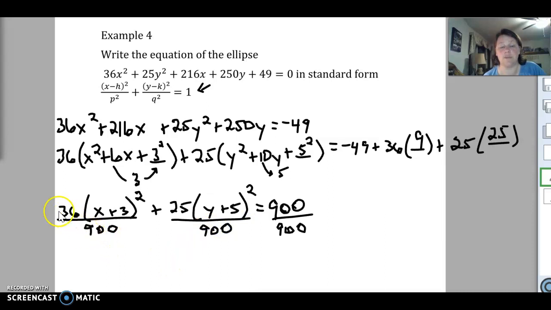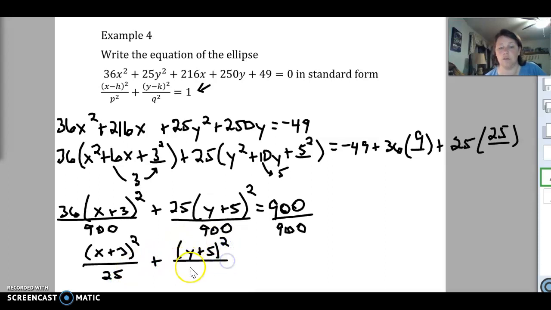Okay, and now we can simplify with the 36 and 900. 900 divided by 36 is 25. So we end up with x plus 3 squared over 25 plus y plus 5 squared over 36 equals 1. Now we've got it in the standard form that we need.